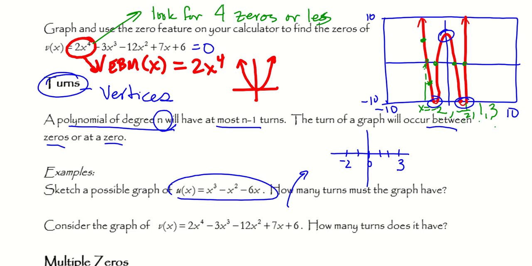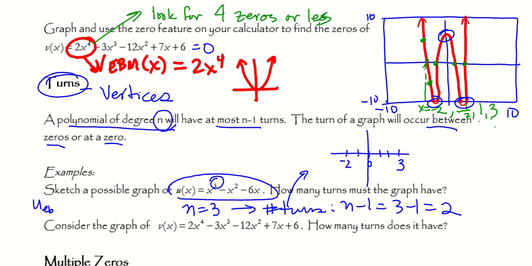We know that the leading term has a degree of 3, which means that the number of turns this could have will be at most n-1, which is 3 minus 1, which gives us 2. The other thing we can add to this is that for u, my end behavior model will be x cubed, which has the shape of our S-shaped curve, which tells us that our function is going to go down on the left and up on the right.